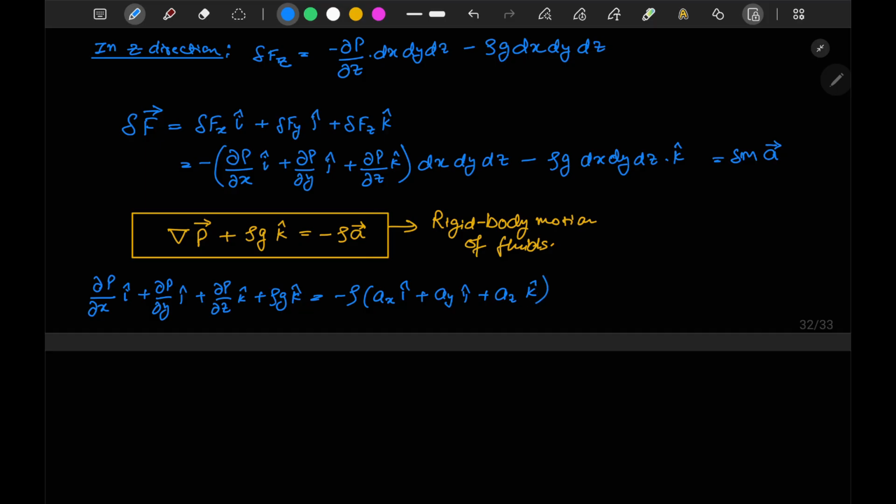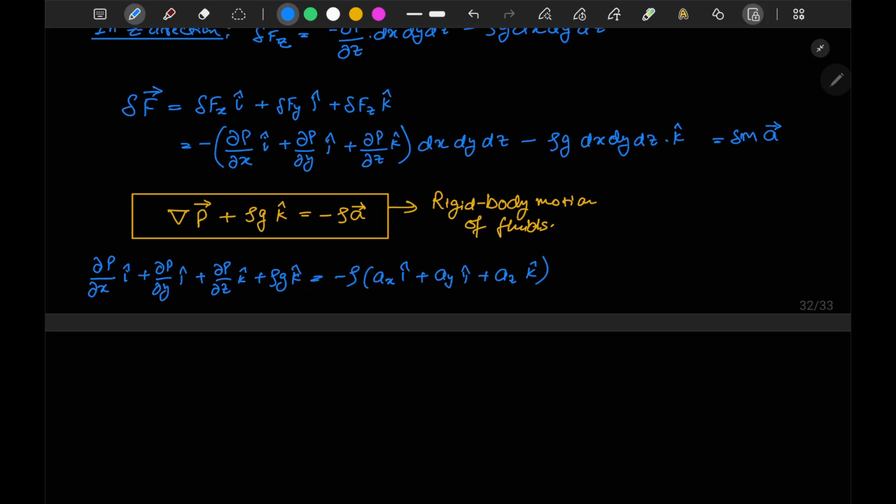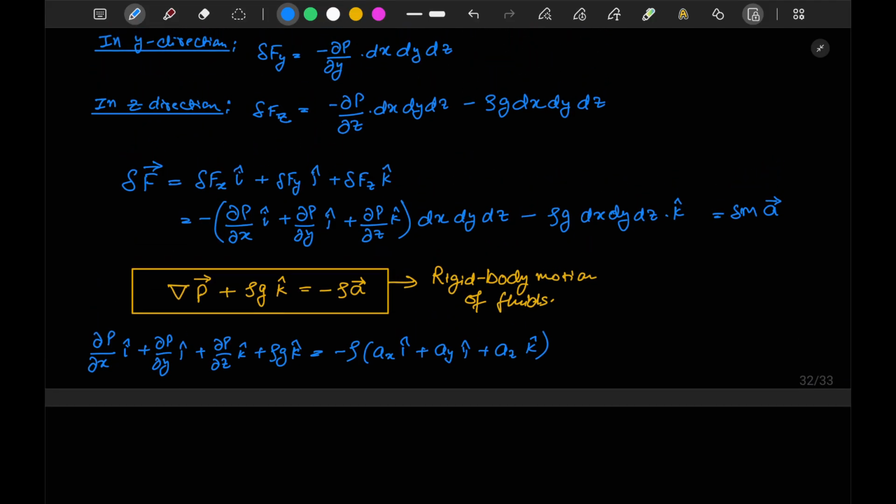You can equate corresponding i cap values for your equation in the x direction, j cap values for the y direction, and similarly k cap for the z direction.